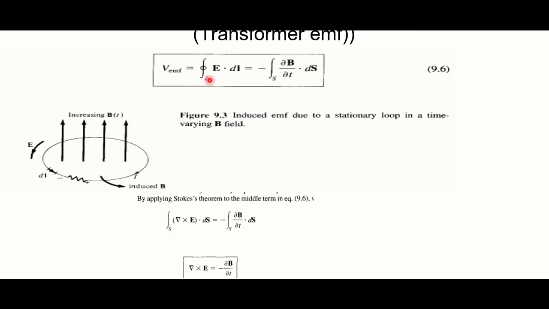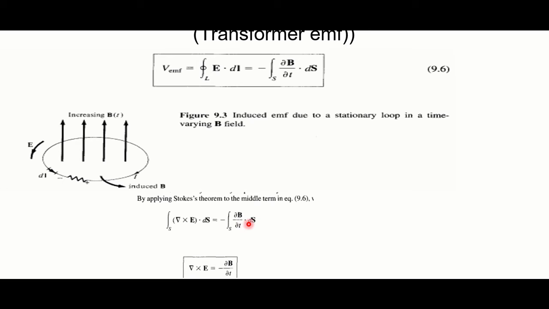So when we apply the Stokes theorem to this equation, that is to change from the line integral into the surface integral, we apply Stokes theorem to the left hand side, we will get the surface integral of del cross E, that is curl of this vector E, del cross E dot ds, and that is equal to the right hand side, minus the integral of dou B by dou t dot ds.